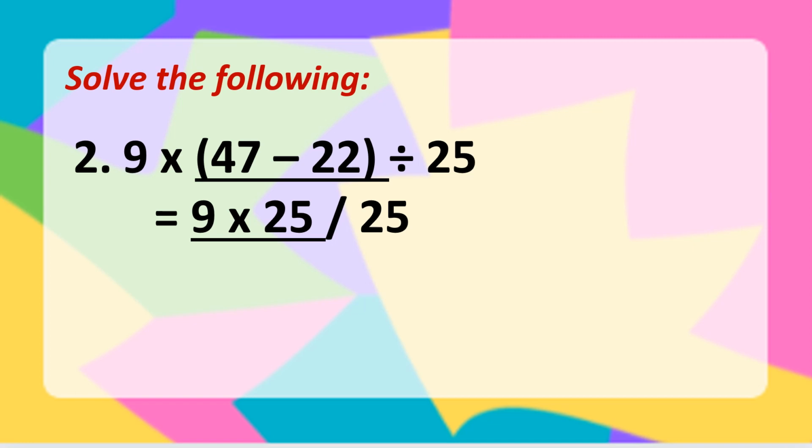Okay, next step. What do we need to solve first? Multiplication or division? Okay, multiplication. Correct. Why? Because multiplication comes first before division. So we need to multiply 9 times 25. That will give us 225. Then divided by 25. And the result is 9.